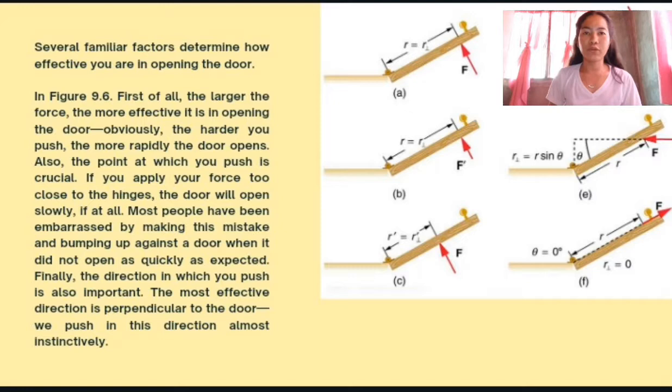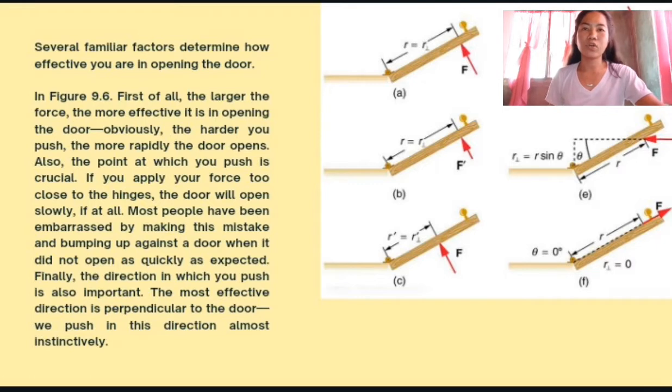If you apply your force too close to the hinges, the door will open slowly. Most people have been embarrassed by making this mistake and bumping up against a door when it did not open as quickly as expected. Finally, the direction in which you push is also important. But the most effective direction is perpendicular to the door.